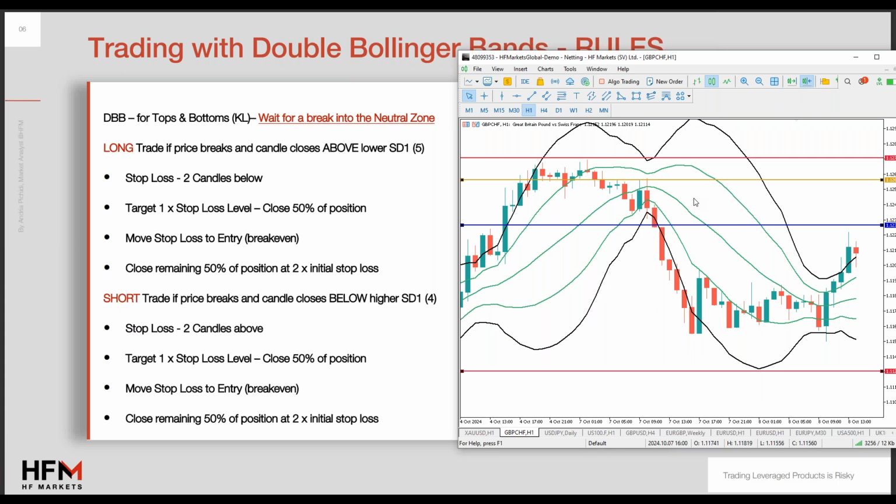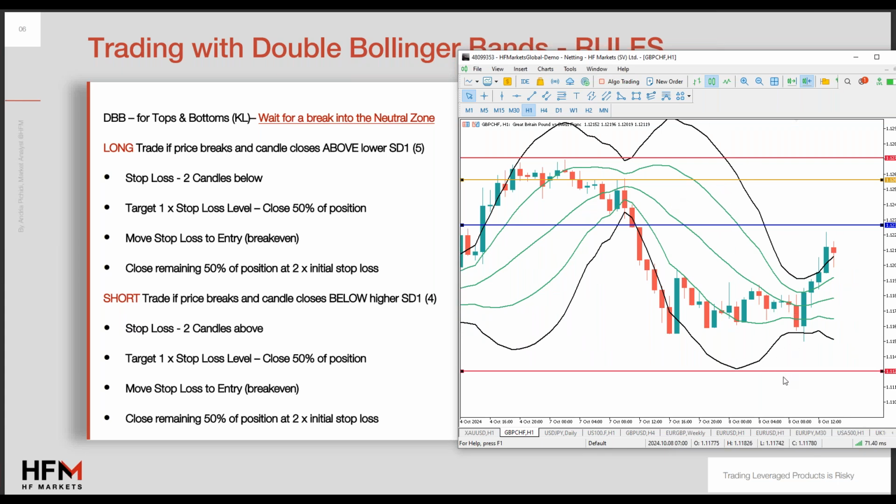Close the remaining 50% of the position at twice the initial stop loss, or 3 times the initial stop loss. So that should be somewhere here. So let's say target 1, target 2, and so on and so forth.